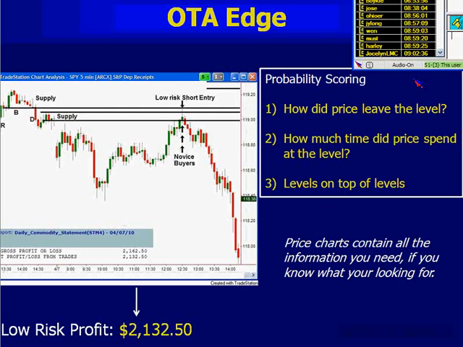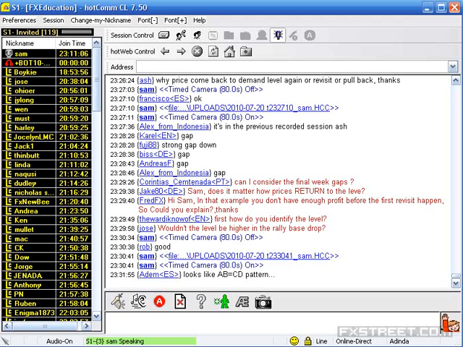Let's use this one as an example. Forget the chart for a minute. Let me ask you a couple questions. Let's say you're at a bank. You're a Forex trader for a bank, so you see all the orders. Maybe you're on the floor of an exchange like I was, and you can see all the orders there.